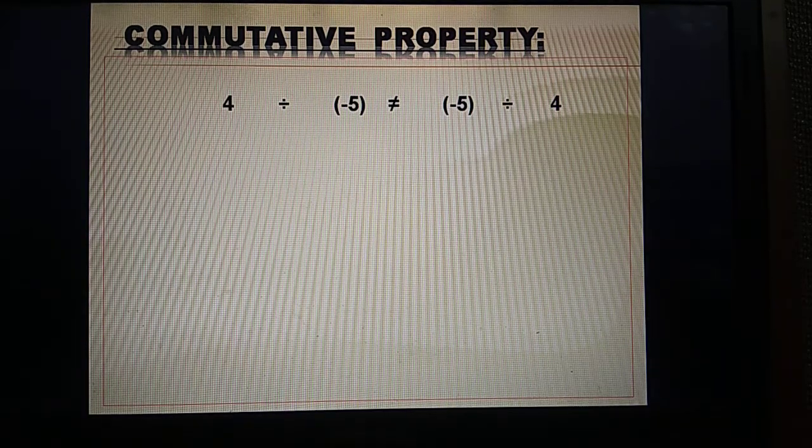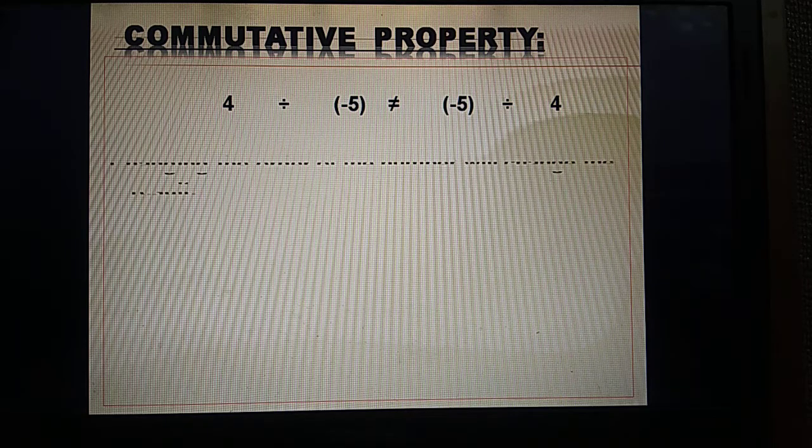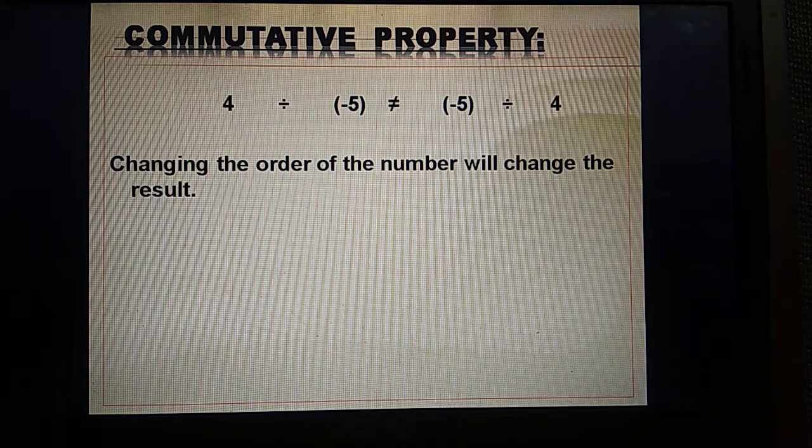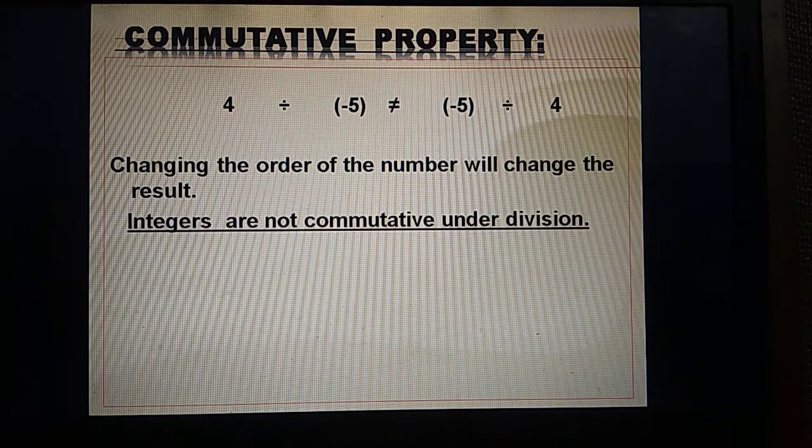So here you can see both left hand side and right hand side will not give you the same result. Yes, so here changing the order of the numbers will change the result. So finally we can say integers are not commutative under division.